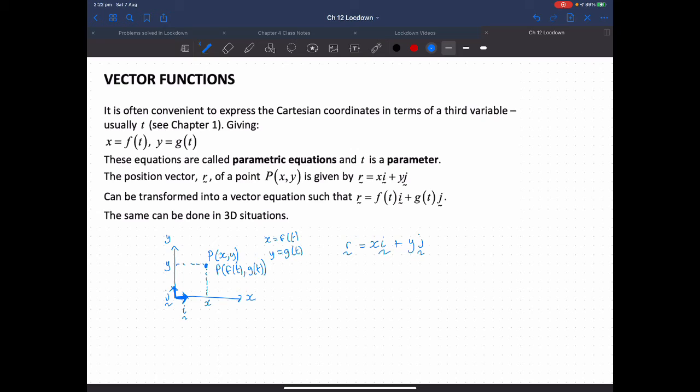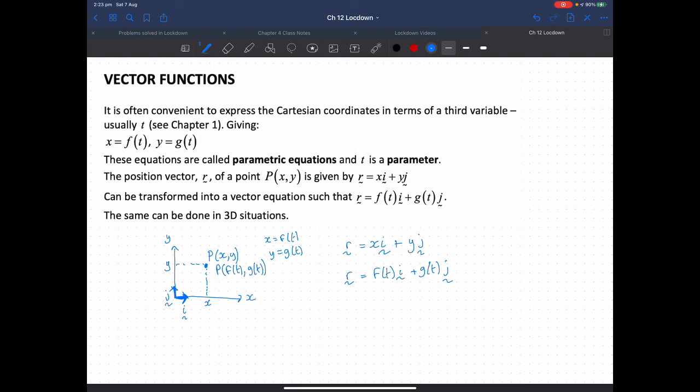Now we've said the x ordinate is going to be represented by the function of time f(t), so I can say my position vector r is equal to x as a function of time f(t) in the i direction plus y, which is g(t), a function of time in the j direction.